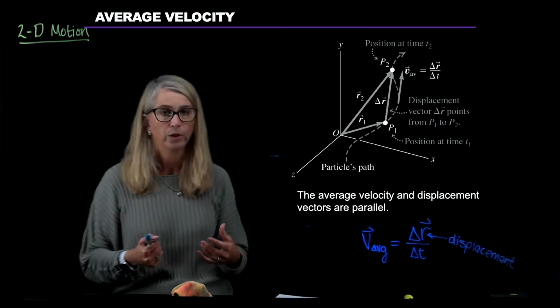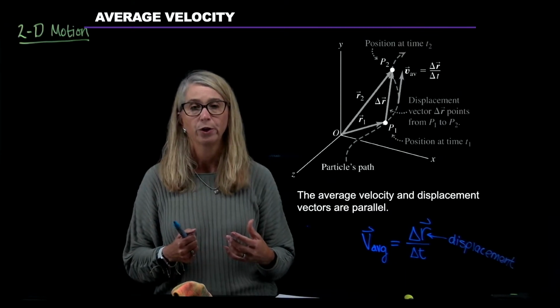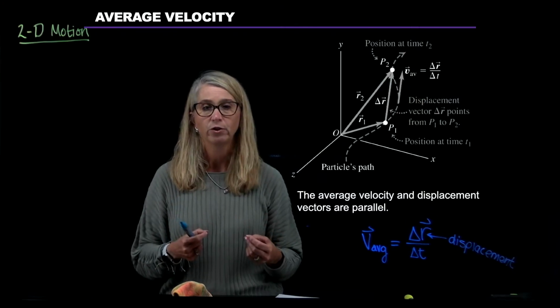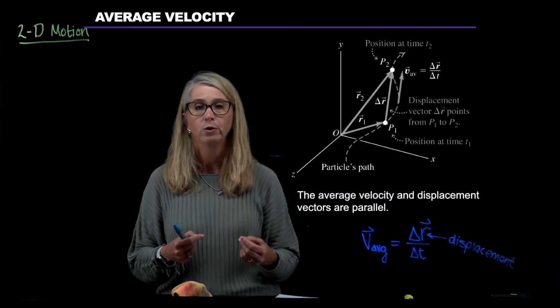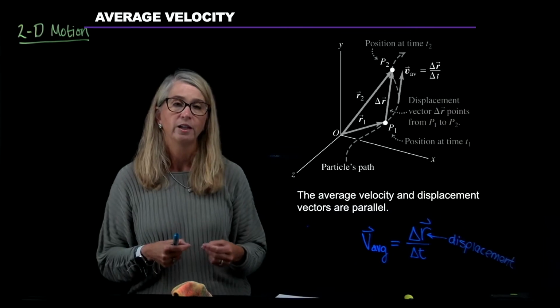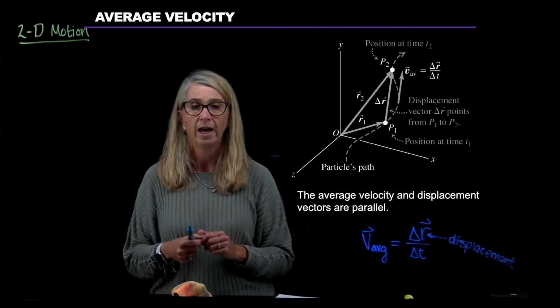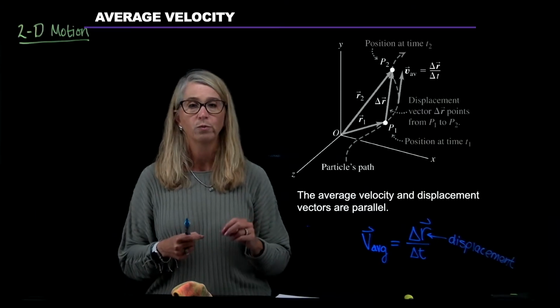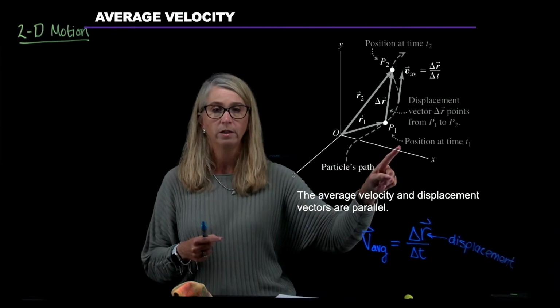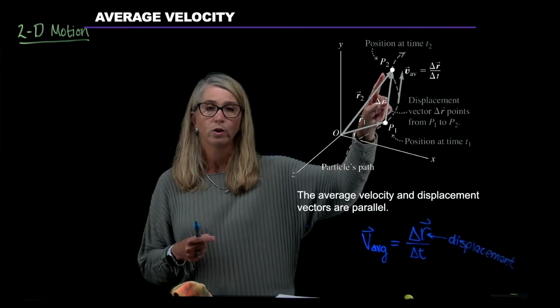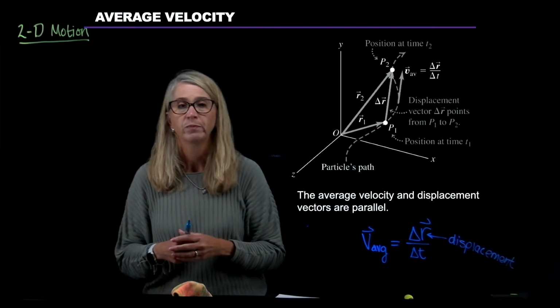So there's a lot I want you to look at in this picture. The first thing is the two position vectors, R1 and R2, go from the origin to the point on the path. So R1 goes from the origin to point P1. Position vector R2 goes from the origin to point P2.